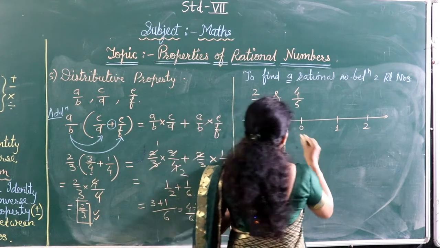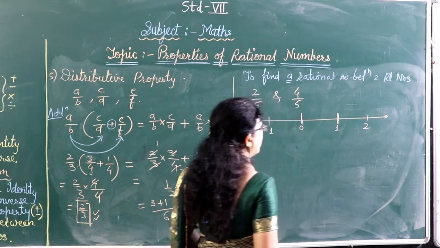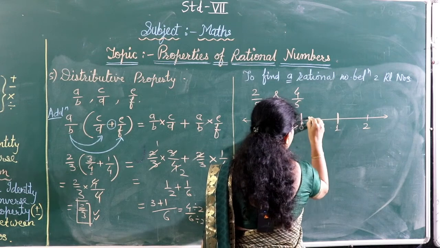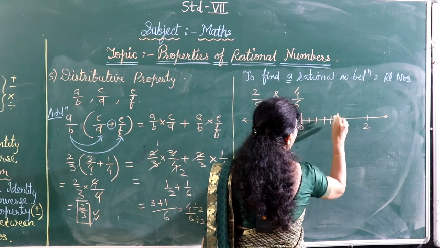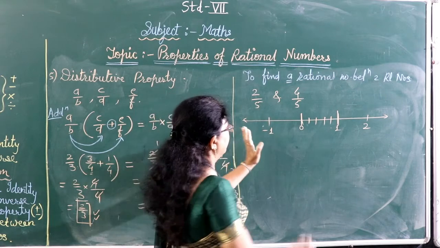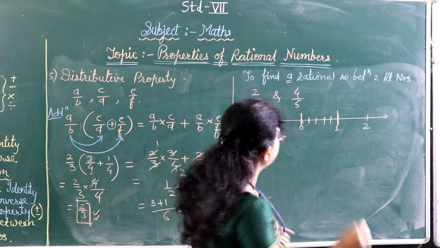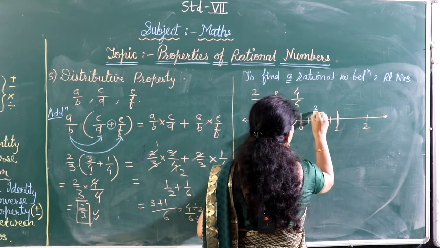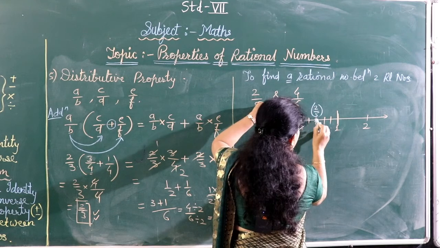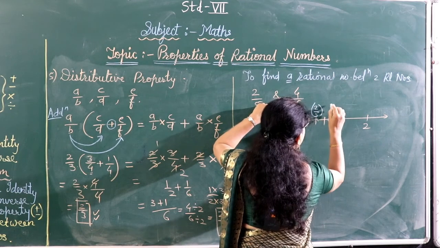Now as the denominator is 5, we divide 0 to 1, this 1 unit, into 5 parts: 1, 2, 3, 4, and this one is the 5th part. Now show the fraction 2 by 5. After 0, go on counting 1 and 2. So this will be your 2 upon 5. Then 0, 1, 2, 3, 4. This will be your 4 upon 5.